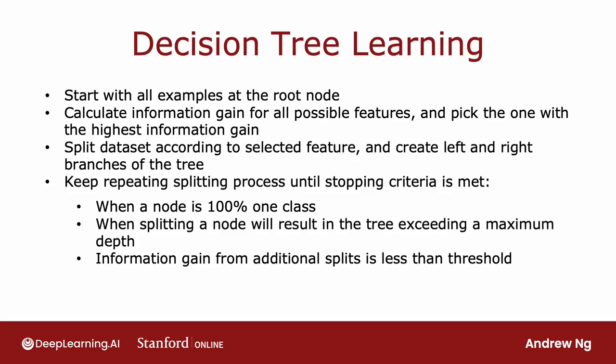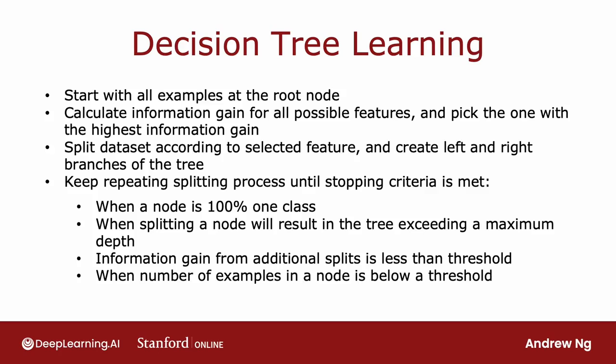Or if the information gain from an additional split is less than a threshold, or if the number of examples in a node is below a threshold. And so you would keep on repeating the splitting process until the stopping criteria that you've chosen, which could be one or more of these criteria, is met.